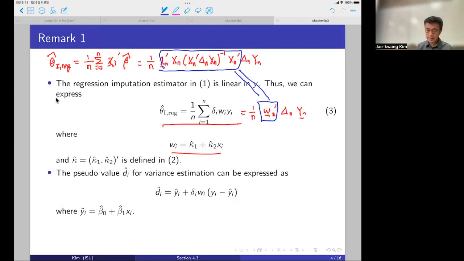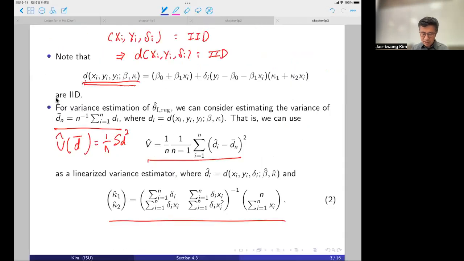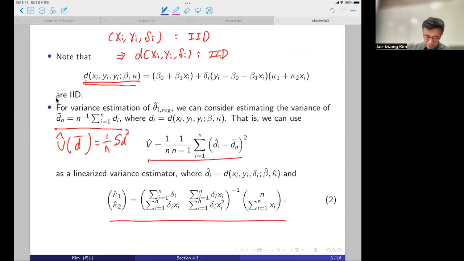And that's very interesting, because this expression here, if you write X_n prime Delta_n X_n times kappa equal, or another way, the vector kappa is X_n prime Delta_n X_n inverse X_n prime 1.